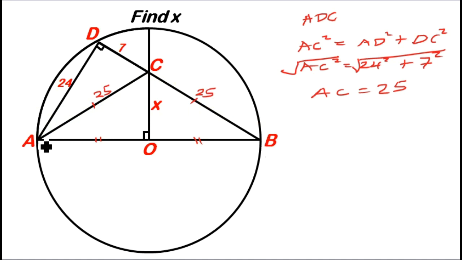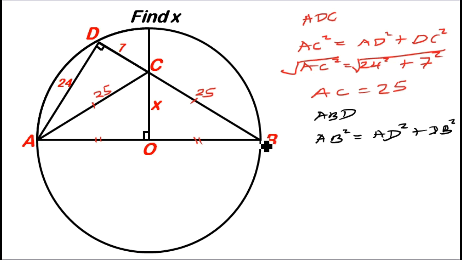If you look at triangle ABD, it is a right angle triangle at point D. When you use Pythagoras theorem, you can see AB is the longest side. So there you will have AB squared equals AD squared plus DB squared using Pythagoras theorem.